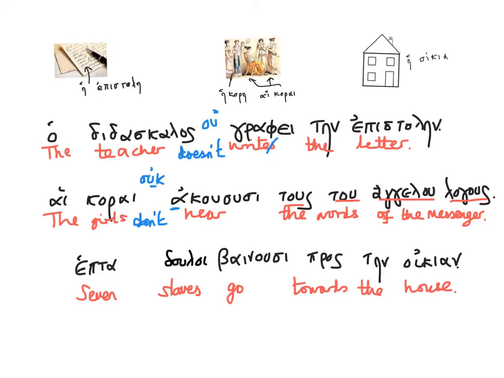The third version is different again. Now supposing I want to say not 7, but 6 slaves go towards the house, then I'll need more words. Well, first of all, not. Ou. Aha, the next word begins with a vowel. Should I put a kappa? Well, no, because this is a vowel with a rough breathing on it.